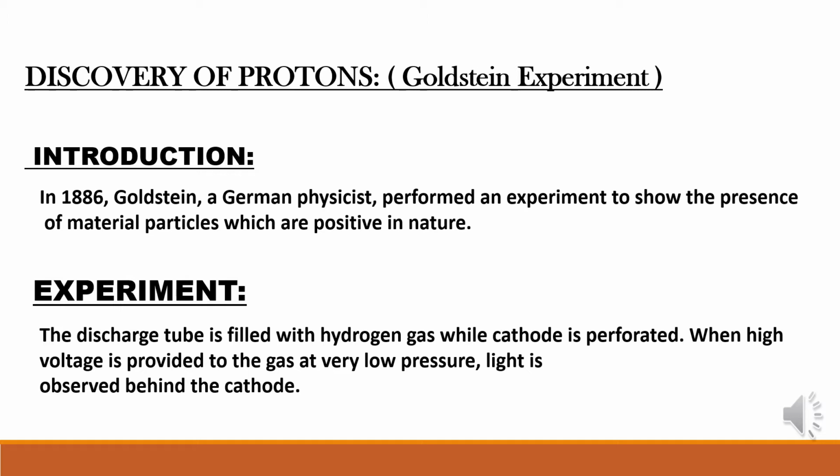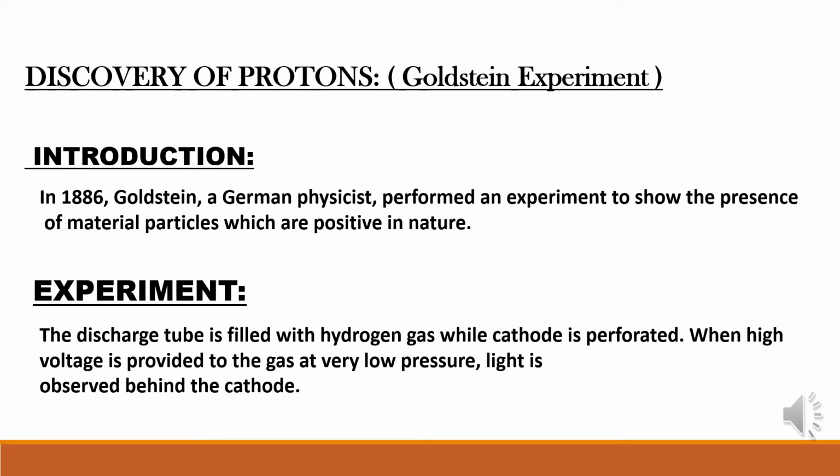He took a discharge tube that was filled with hydrogen gas, and the cathode, the negative electrode, is perforated. When high voltage is provided to the gas at very low pressure, light is observed behind the cathode.